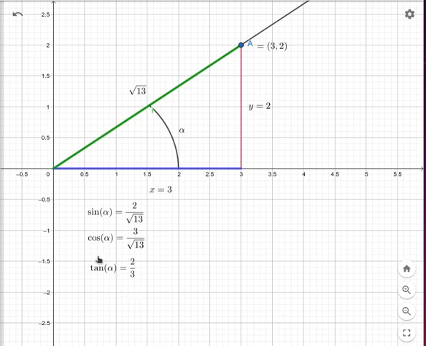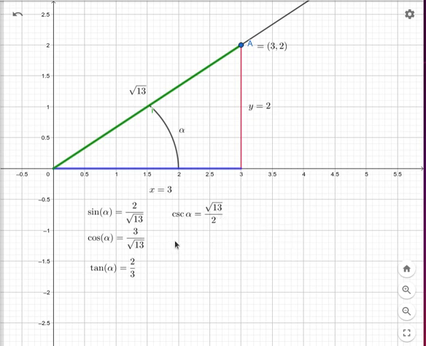It's worth noting that the tangent is actually telling us the slope of this line, because it's talking about the rise over the run of this ray that starts at the origin and goes on out. The cosecant is the hypotenuse over the opposite, so the cosecant of alpha is going to be the square root of 13 over 2.